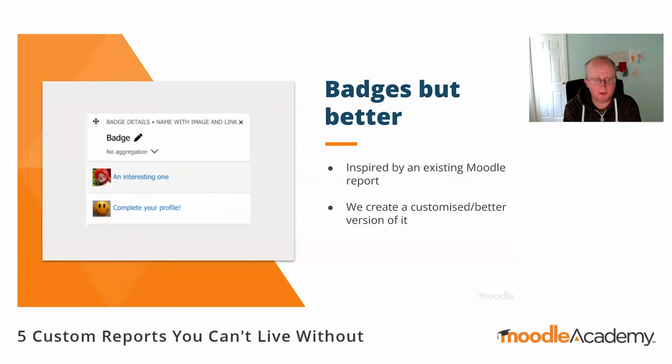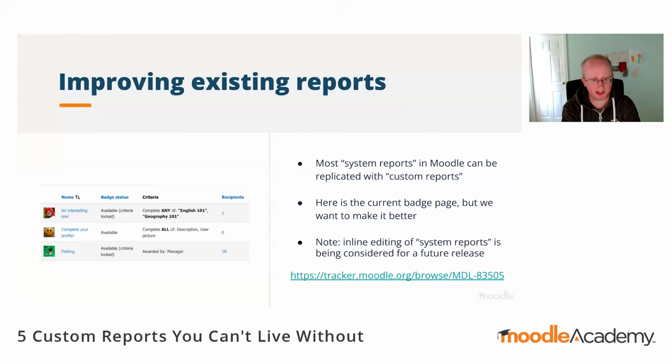If we want to make our own report that gives us the data that we want, presented how we want, and customized compared to what's in Moodle, we can do that ourselves. So I've called this one Badges But Better. Obviously, that's very subjective. And I'll show you how I've done that.